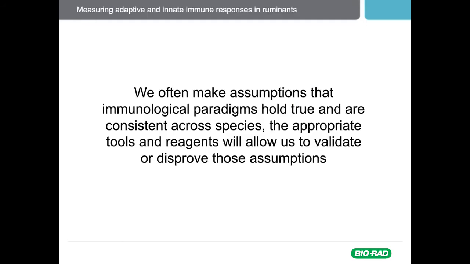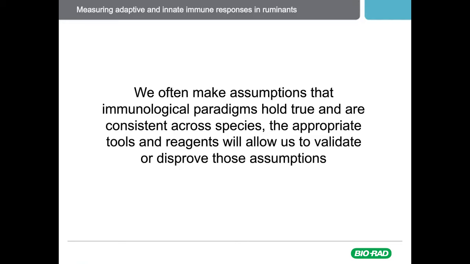One of the important things that we considered when we were doing our research is that we often make assumptions that the immunological paradigms that we know from the literature will always hold true and be consistent across different species. And there's often a very solid base for making that assumption, but sometimes it doesn't follow through.